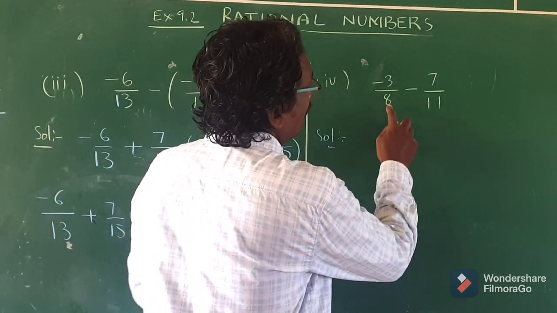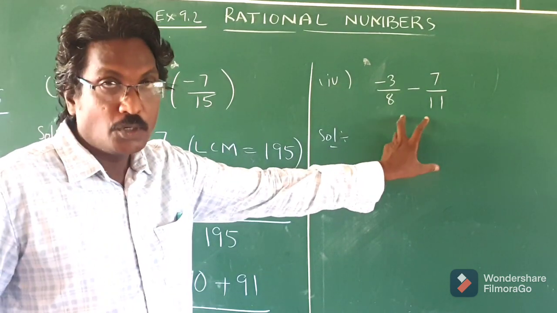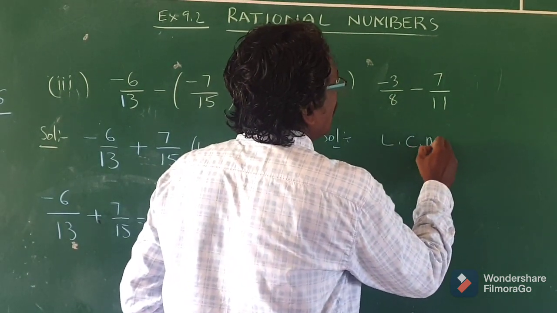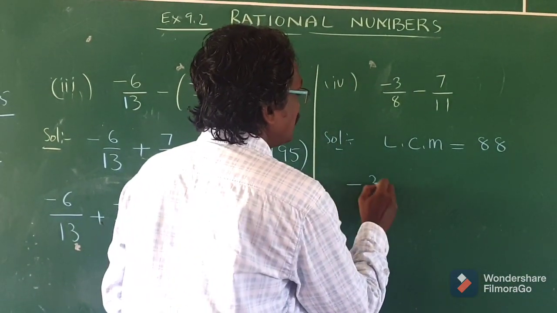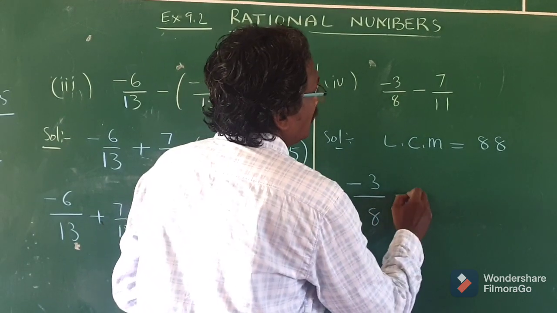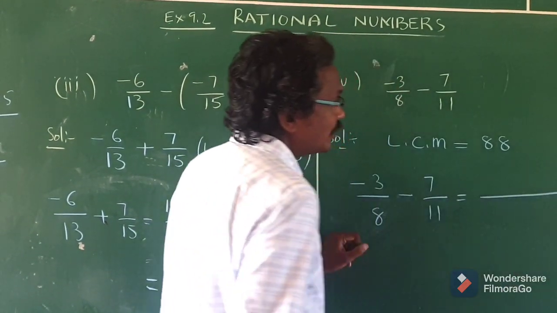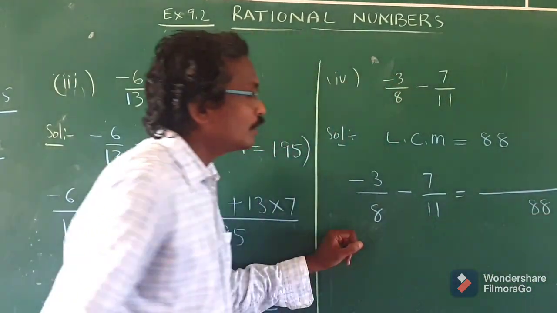Now see the second. Here 8 and 11 are not possible in one table, so what do we have to do? Multiply. 8 elevens are 88. So the LCM is equal to 88. Now write the question: minus 3 by 8 minus 7 by 11, that is equal to division bar. In the denominator write the LCM.